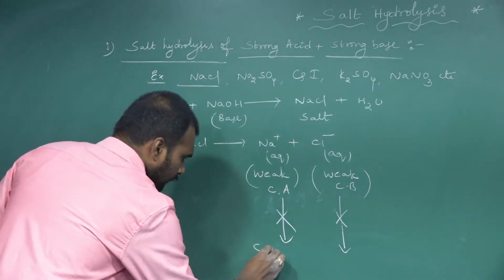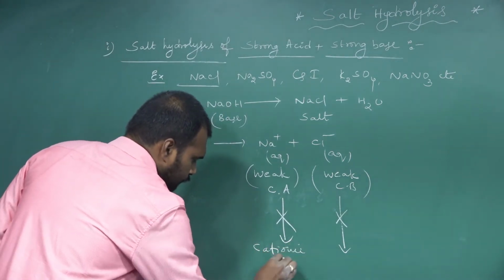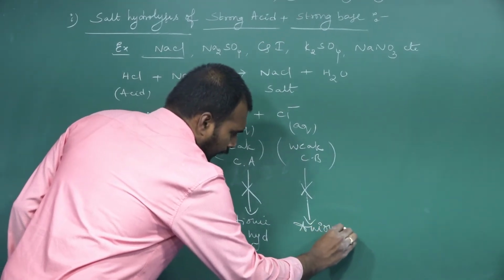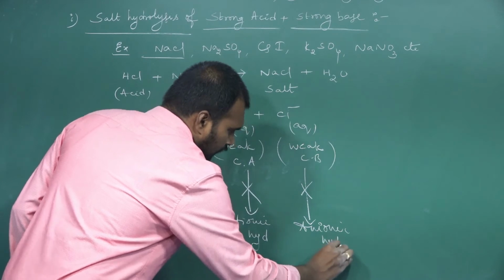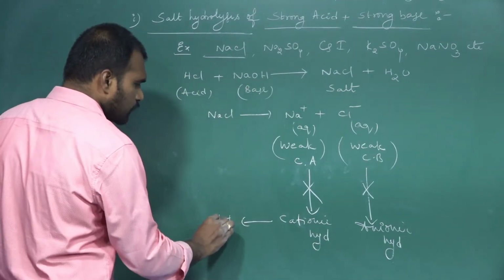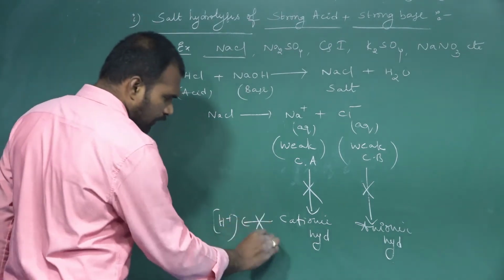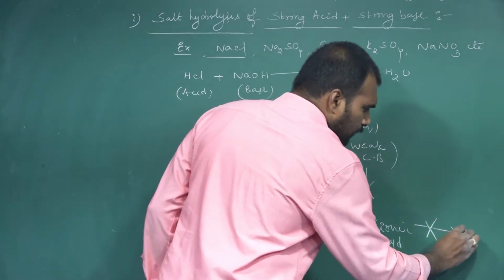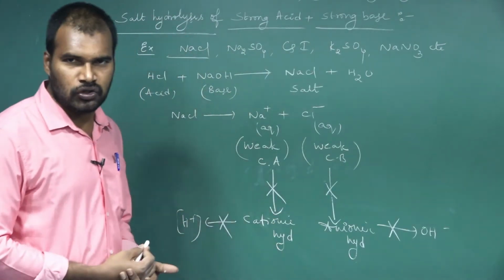So no cationic hydrolysis and anionic hydrolysis. If there was no cationic hydrolysis, there was no liberation of H plus ions into the solution. And if there was no anionic hydrolysis, there was no liberation of OH minus ions into the solution.